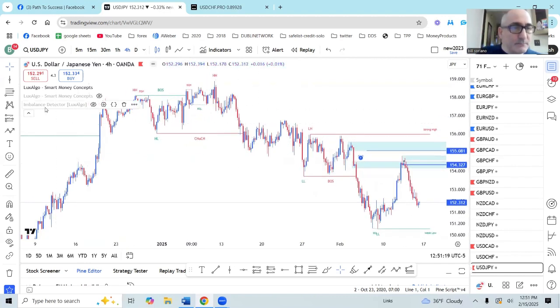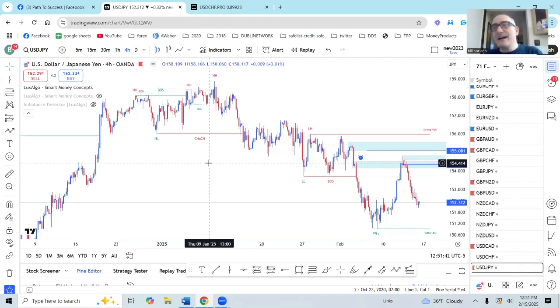And then of course I have this imbalance detector here just so I can show you, just so you can see and train yourself on imbalances. The thing about this detector though, it'll show you imbalances, but it won't remove them once the imbalances are filled. So that way you're able to still see them even after the fact, which is good. And it'll show the bullish ones in one color and the bearish ones in another color.